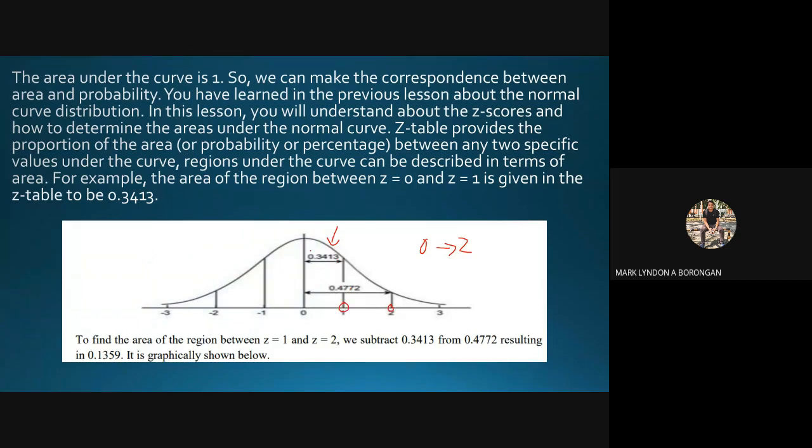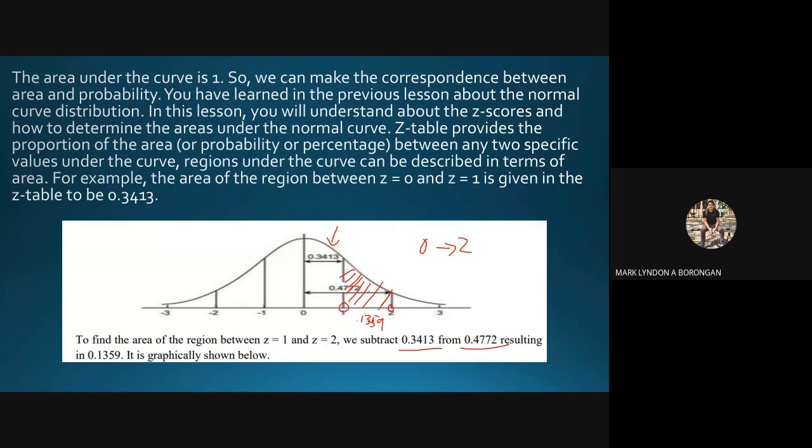You will just simply subtract 0.3413 from 0.4772. The result will be 0.1359.